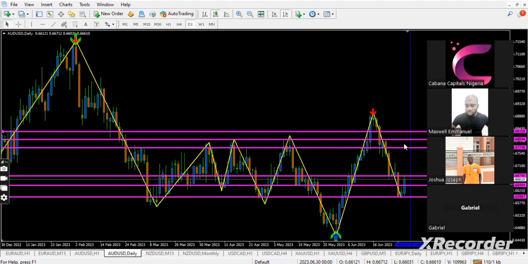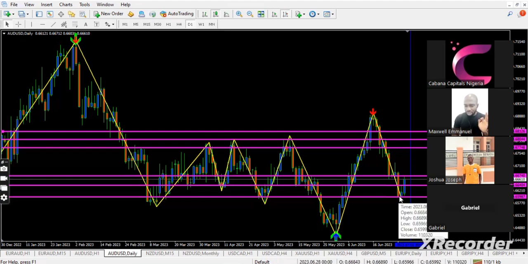Long term, I'm bearish on Australian dollar USD. So all I will be looking out for this week is a sell setup. I wouldn't be buying Australian dollar USD this week. I'm interested in selling it. So like I said, these will be my entry levels.